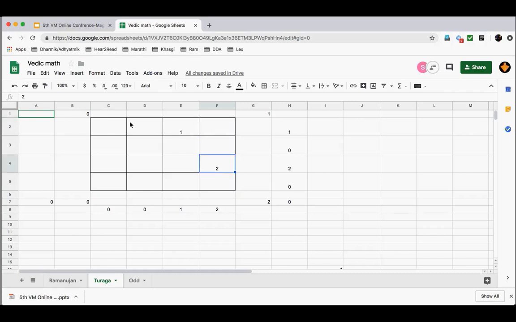So divide that by 2, it should equal 17. So these two boxes should have the sum of 17. So this has to be 15 because 2 plus 15 is 17. The diagonal sum here would be 16 here because 1 plus 16 is 17.